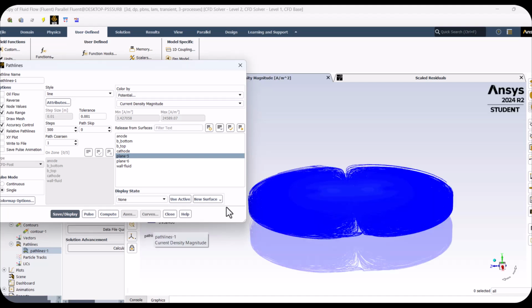I'll just turn on the sixth plane, then you'll understand more properly. This is the YZ plane that I'm trying to show now.